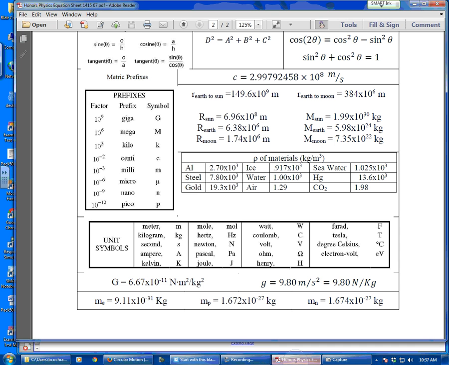I went to my equation sheet, and I noticed that r Earth is 6.38 times 10 to the 6 meters. r stands for radius. Earth is what radius you're describing. All right, I gotta see.